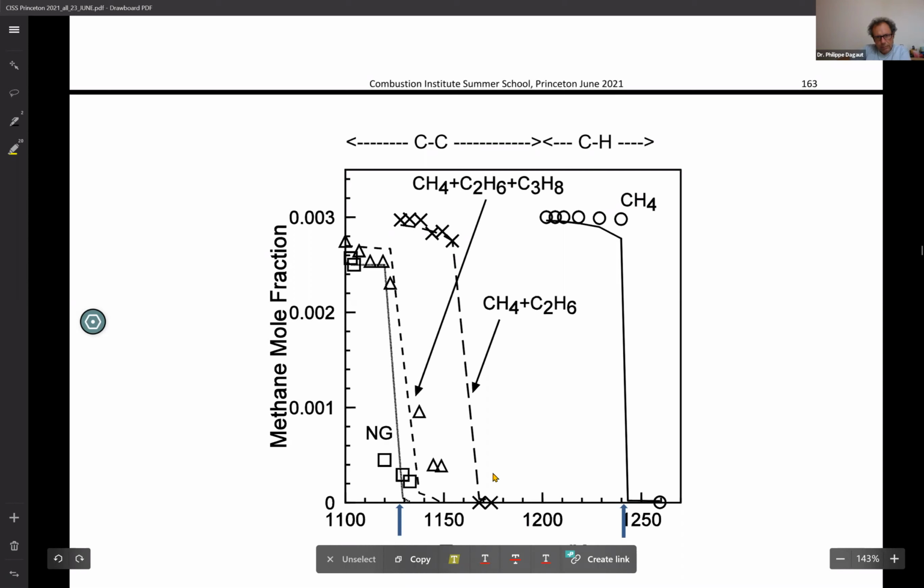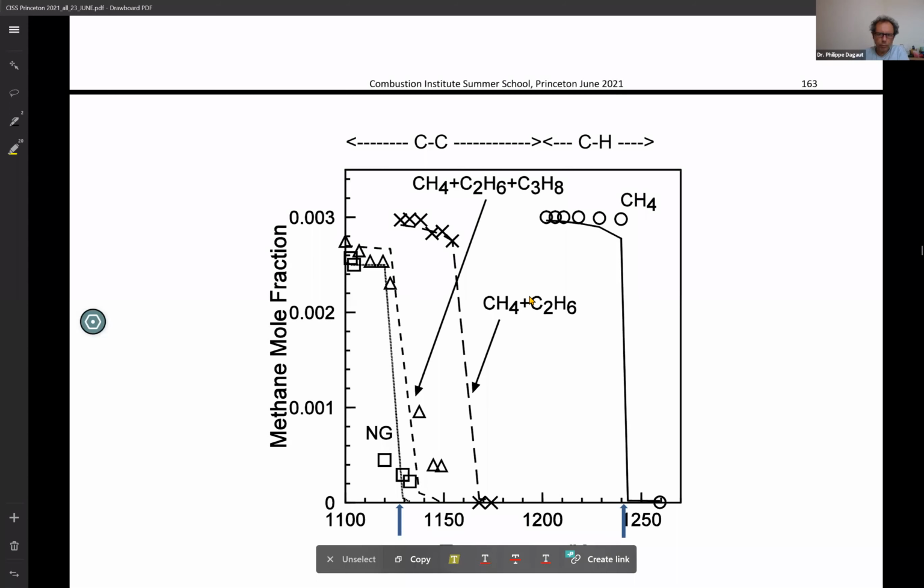Also, there are possibilities to have many more H-atom abstraction options with CH bonds which are easier, with CH bonds which are lower, especially in the case of C3 or C4 species which are present in natural gas. So that explains the big difference between the reactivity of methane compared to that of these mixtures.